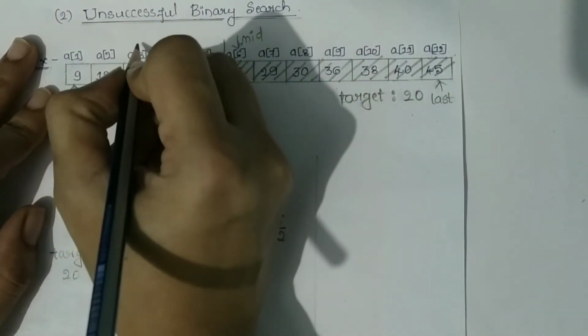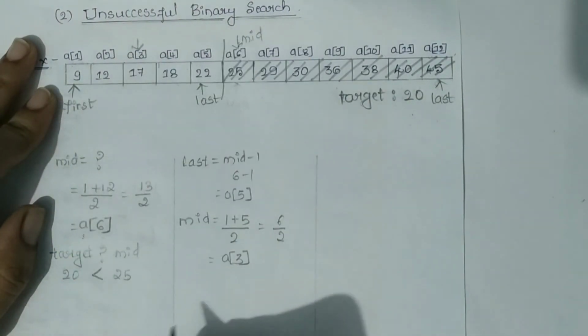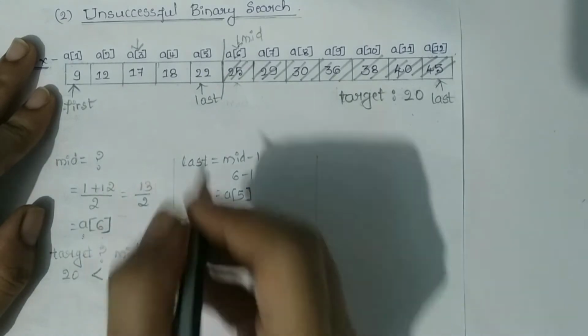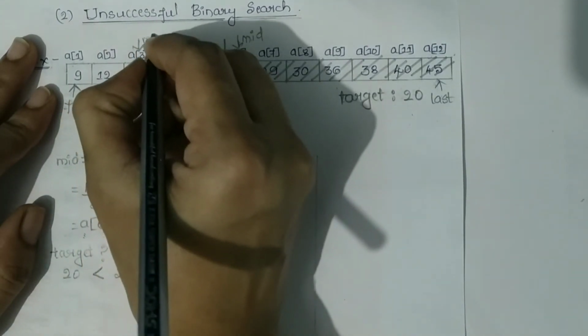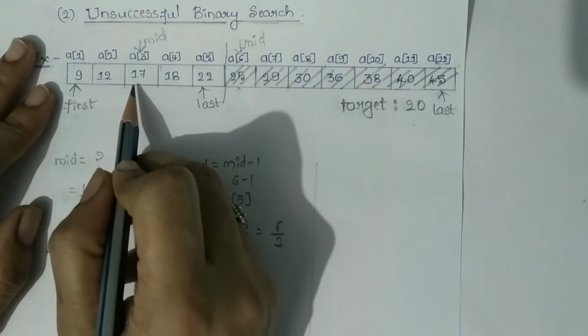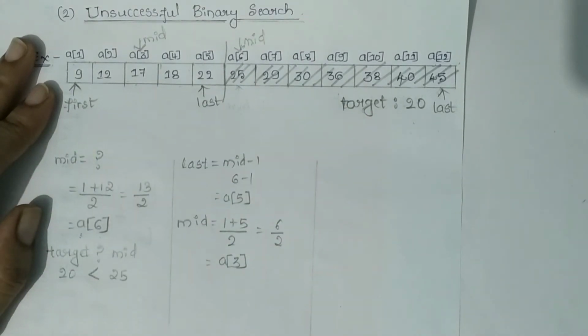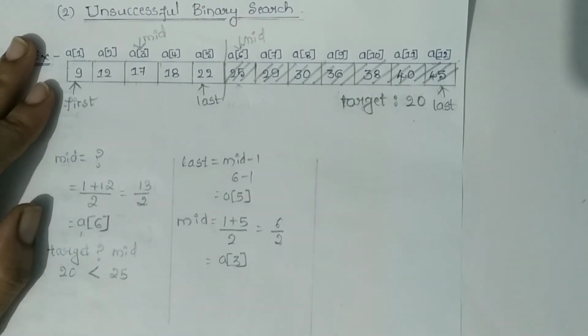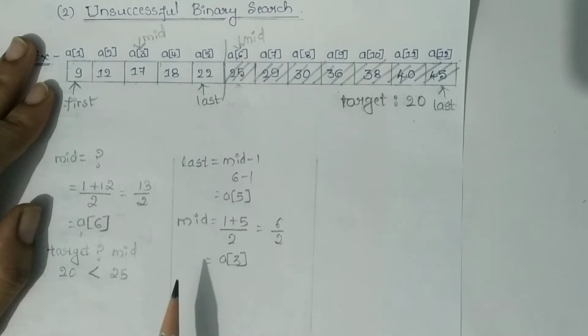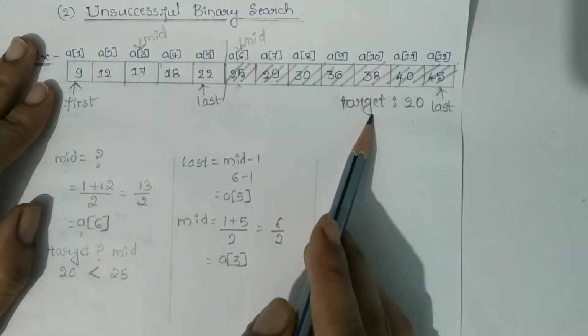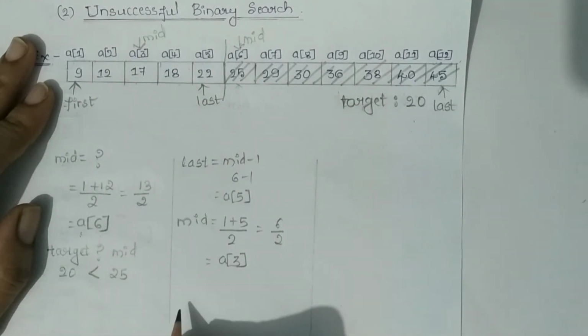This is the new mid of the list, and 17 is the new middle value of the list. Now compare the target value with the middle value.